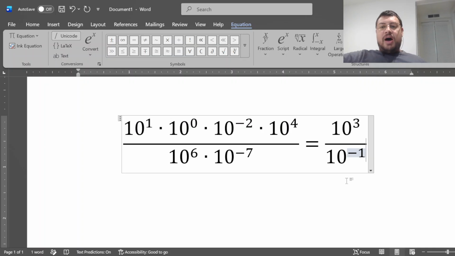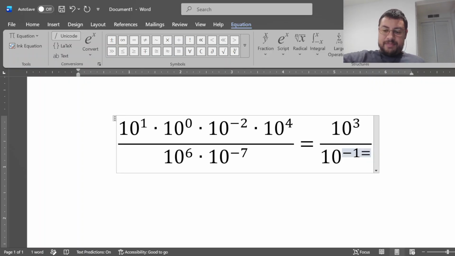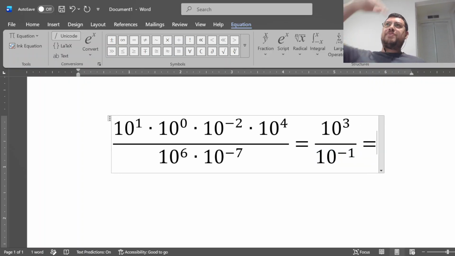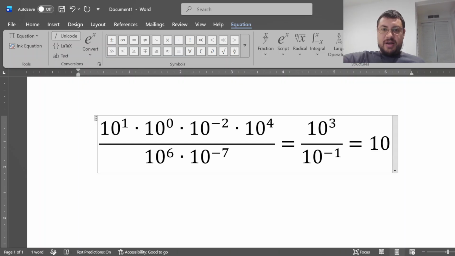If you have a negative exponent, if you bring it to the opposite side of the fraction, it'll become a positive exponent. If you have a negative exponent on top, you can bring it down to the bottom as a positive exponent. If you have a negative exponent at the bottom, you can bring it to the top as a positive exponent.